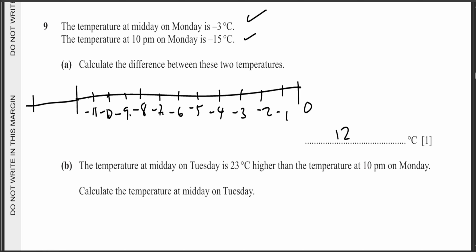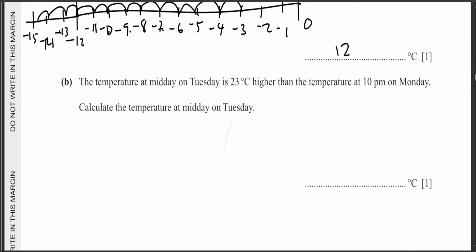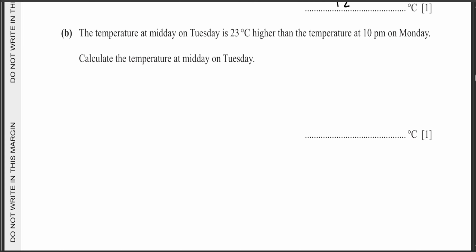We have -12, -13, -14, and -15. If you look at it, the difference is 12. You just count: 1, 2, 3, 4, 5, 6, 7, 8, 9, 10, 11, 12. Those are the 12.